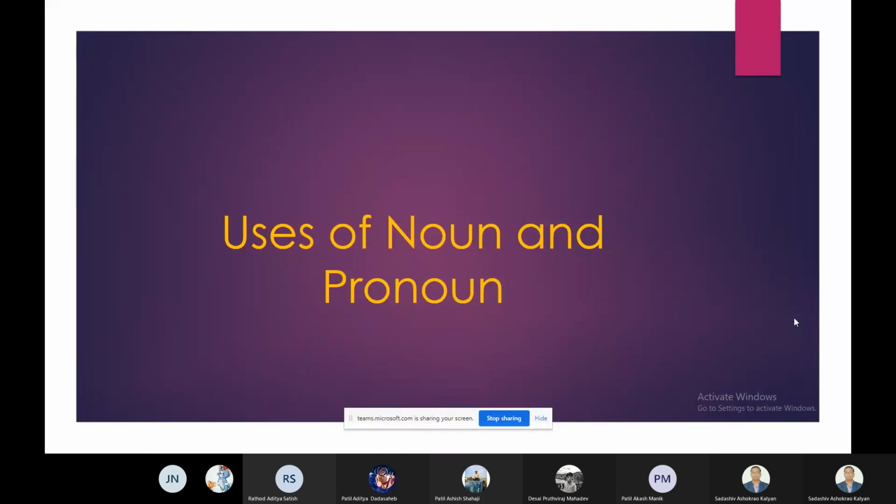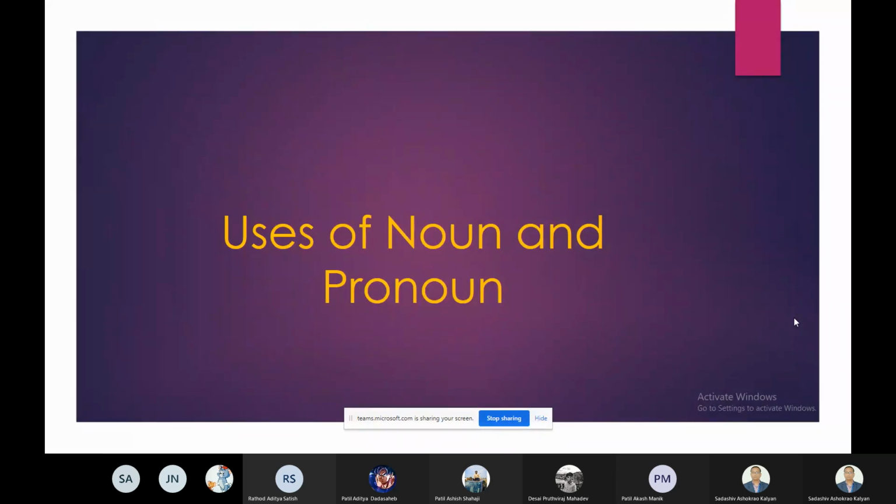So let us begin. As we know, nouns are very important, as we have studied various definitions of nouns. A noun is nothing but a name. It can be the name of a person, thing, place or quality.